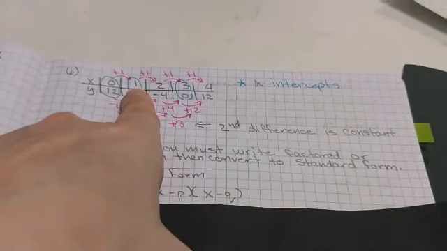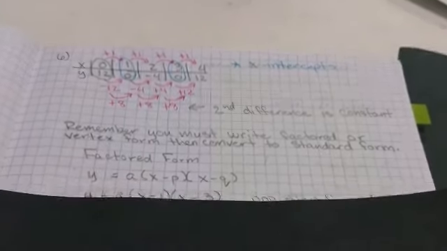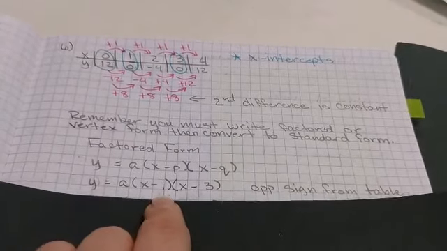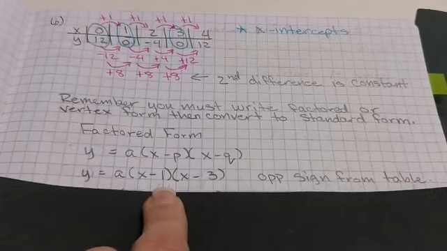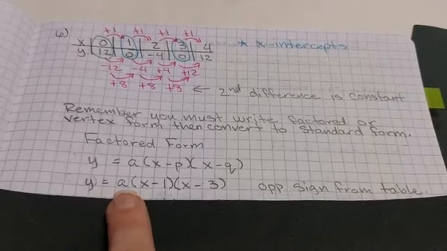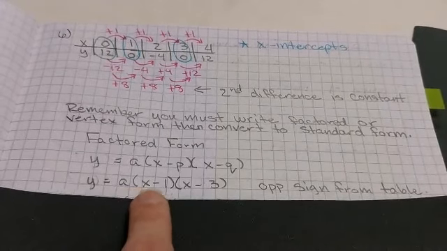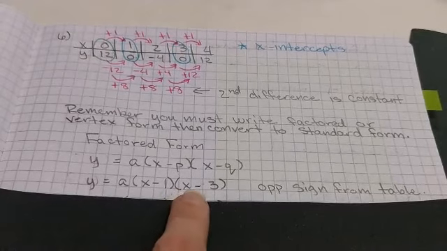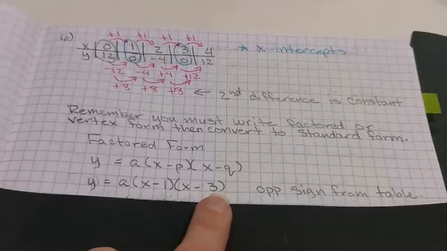So I had a positive 1 in my table, which means I'm going to write a -1. I had a positive 3 in my table, which means I'm going to write a -3. So we get y equals a, parentheses, x minus 1, close your parentheses, parentheses, x minus 3.